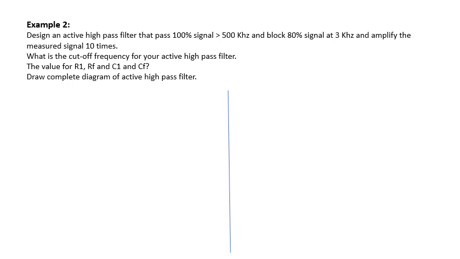For the second example, we will discuss the active high pass filter. The requirement for the active high pass filter is that it will pass 100% of the signal for a signal higher than 500 kHz, and it will block 80% of the signal when the signal frequency is 3 kHz, and it will amplify the overall signal by 10 times.